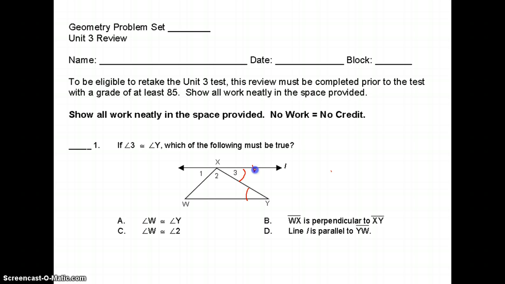So that means, since they're congruent, these lines right here must be parallel. Okay? If those lines are parallel and these are congruent, our answer would be D. Line L is parallel to line segment YW.